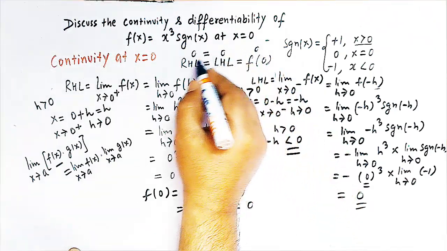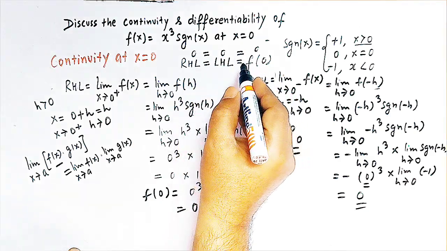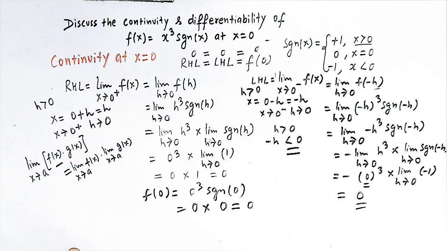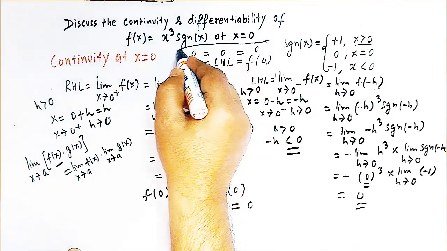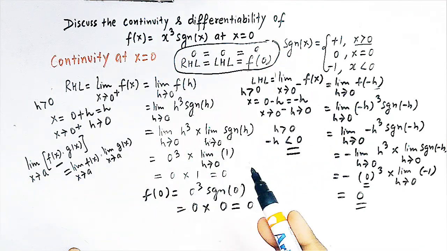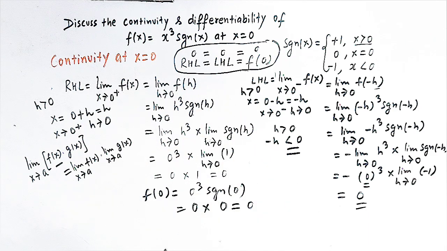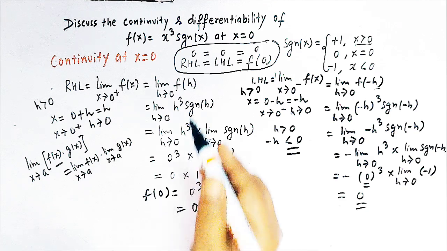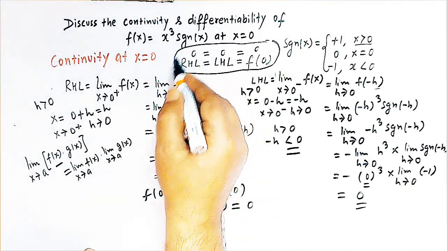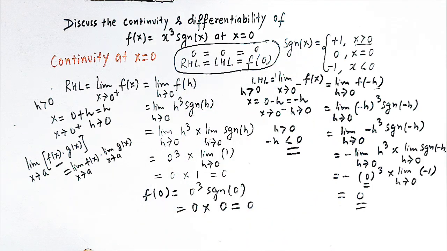So here the right hand limit is equal to the left hand limit, and this is further equal to the value of the function at x equal to 0. So the condition for the continuity of a function at a given point in its domain is that the right hand limit and the left hand limit both should be finite, and they should exist, and they should be equal to each other, and moreover the two sided limit should be equal to the value of the function at the given point.